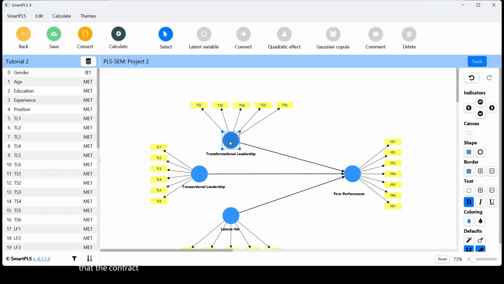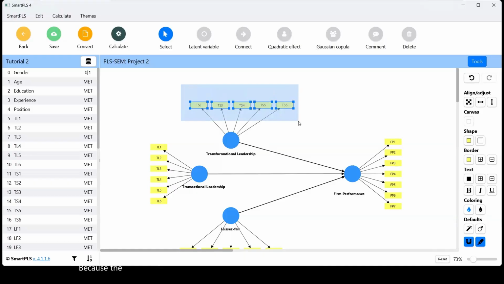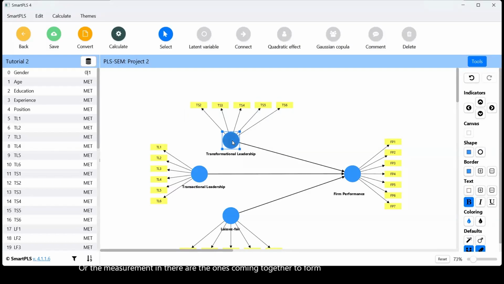So the construct is the blue item that we see here. But if it is formative, once you delete one item, it means that the indicators, or the questions and measurements in there, are the ones coming together to form the construct itself.